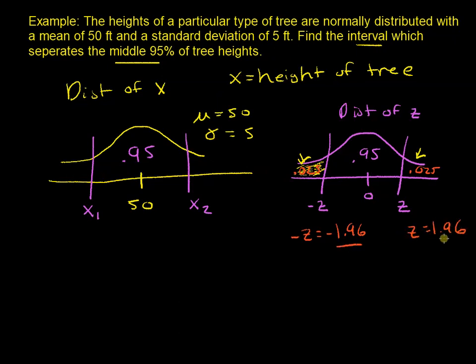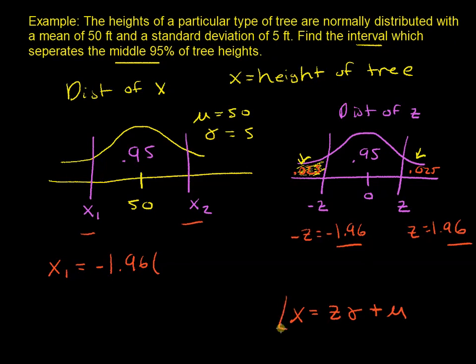I'm going to use each of these to find x1 and x2. The one to the left corresponds to x1, and the one to the right corresponds to x2. We have to do this twice. The equation I'm using is x equals z sigma plus mu.